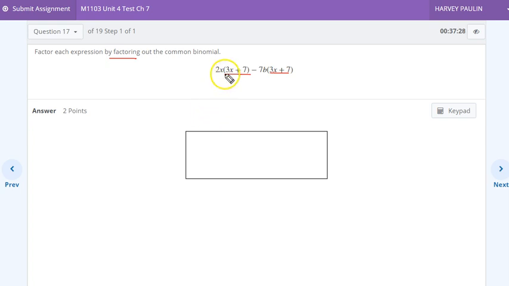So you're going to put this common factor, 3x plus 7, and then bring in your other parts, 2x minus 7b. Now I would have written it with the 2x minus 7b up here in front. Either way is good. All right, let's put that into our system here.